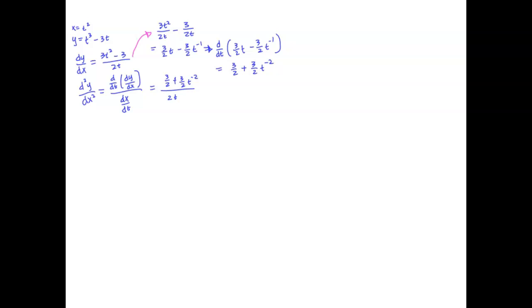All right, but now I have to do a little work to clean this up. So this can be written as, let's see, if I factor out the 3 halves, that's 1 plus t to the negative 2, or 1 over t squared, over 2t. So then that's 3 times (1 plus 1 over t squared) over 4t.